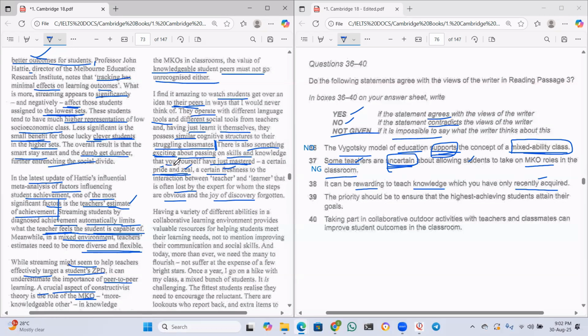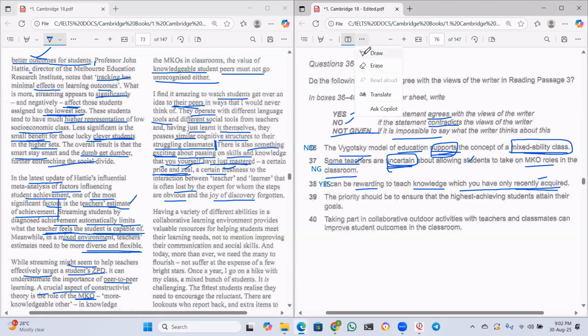You see this line and this line: which you have only recently acquired, that you yourself have just mastered. These two are paraphrases, meaning they have the same meaning. I think 38 should be yes, because this is exactly what it meant. So it should be yes. 38 is also yes.